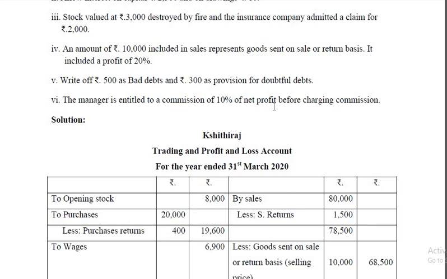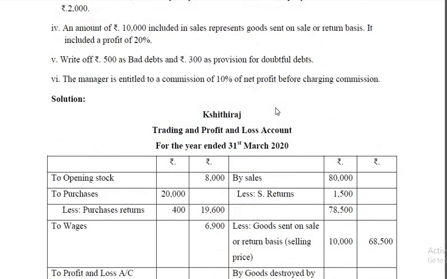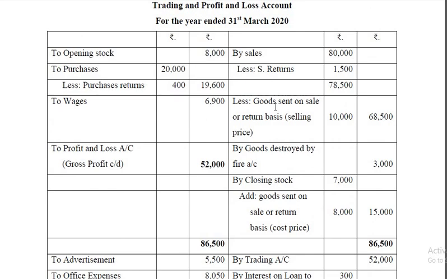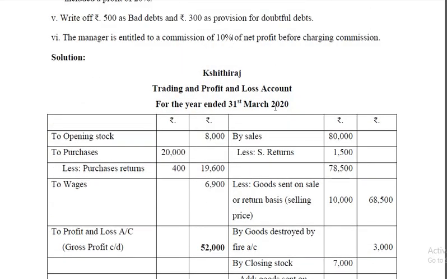Calculate the total of credit side and the total of debit side. Find out the difference. That is the net profit before charging commission. Now you calculate 10% commission on that. That is nothing but the manager's commission. And if you deduct that commission, then you will get net profit. Now the treatment of manager's commission: once you calculate it, it should be debited to profit and loss account. Another treatment is on the liability side of the balance sheet, commission due to manager.